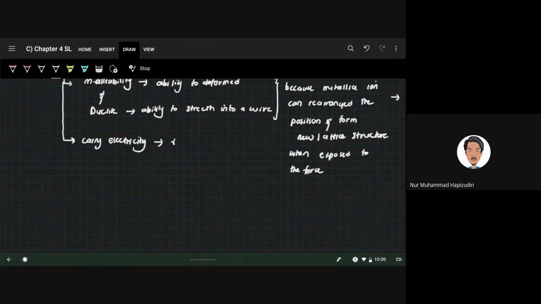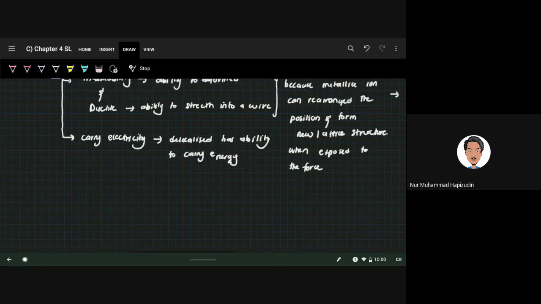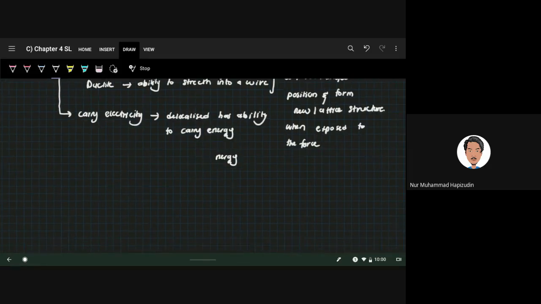The delocalized electron has the ability to carry energy. Okay, it can carry energy, the ability of the delocalized electron.